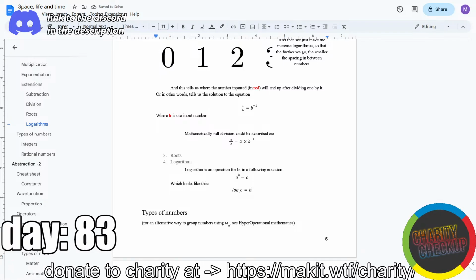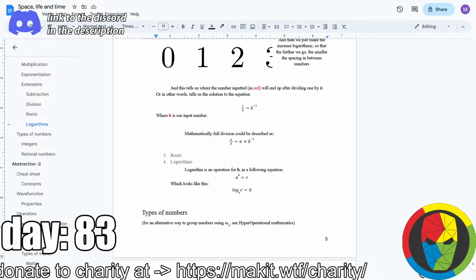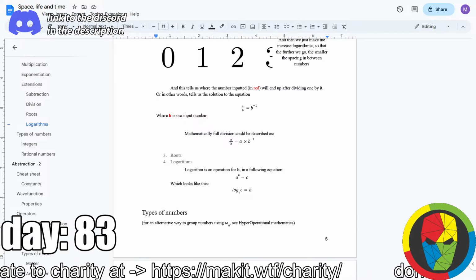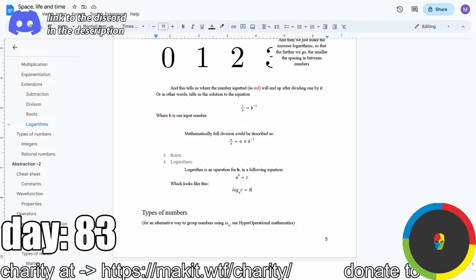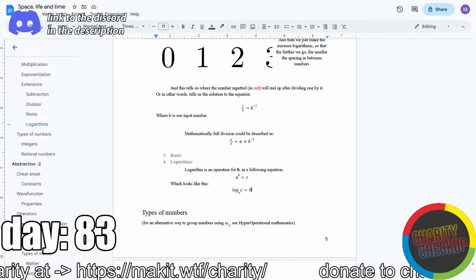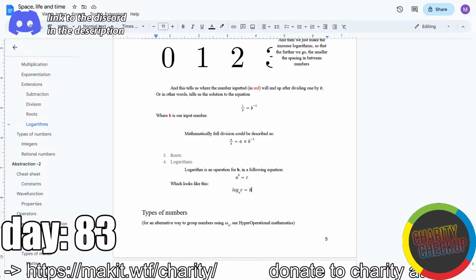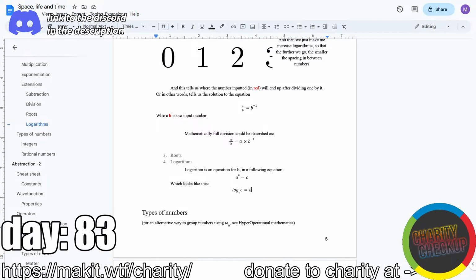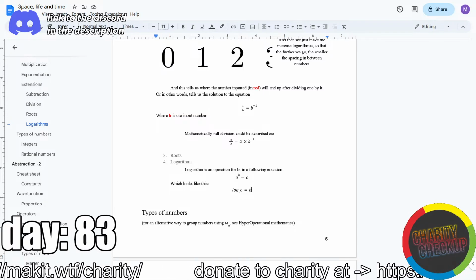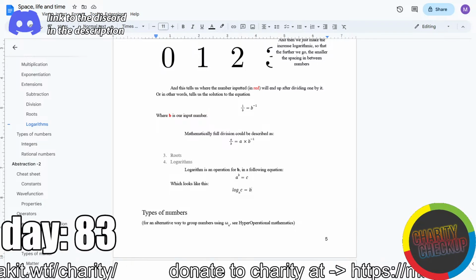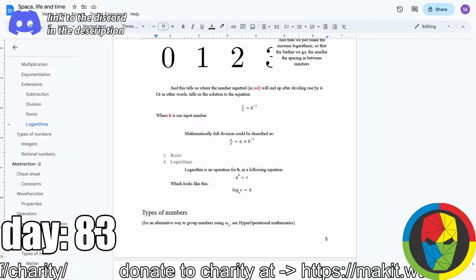I feel like that's it. That's all you have to explain for logs. Maybe log properties could be useful. But log properties can be derived from exponential properties. Well, I should really still mention log properties.